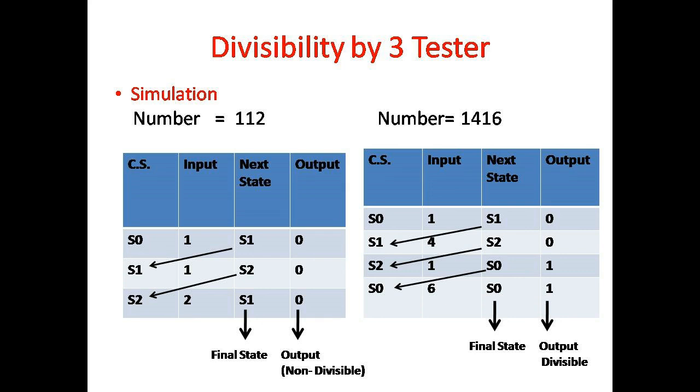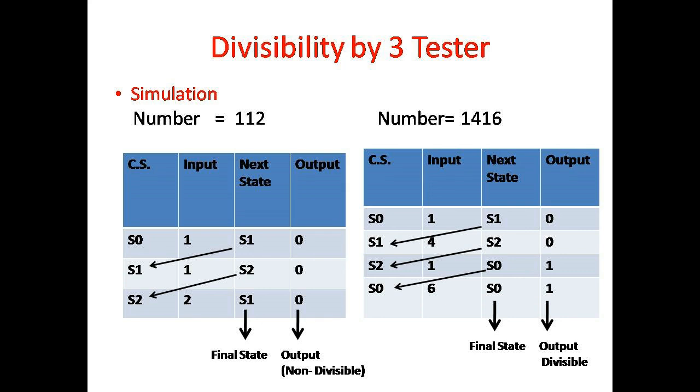The second number is 1416. The current state of the machine is H0, the input is 1, and the number becomes 1 divided by 3. The next state of the machine is S1 and it will produce the output 0. The current state of the machine is S1, the next input is 4, then the number becomes 14, 14 divided by 3.